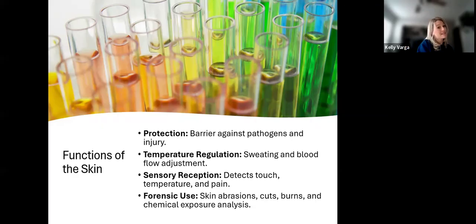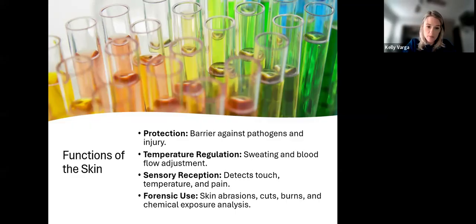Was there an underlying disease state? Was somebody exposed to something? Was there a pathogen around them? Was there a transference of disease state here? Again, temperature regulation, we found this out as we were talking through the different stages in the beginning of decomposition. That swing helps to modify through the different progression stages of decomposition.